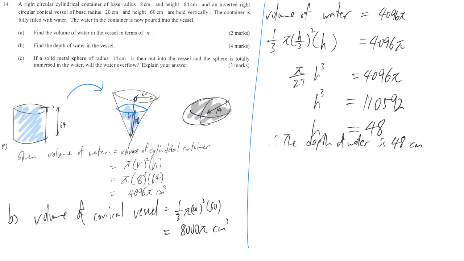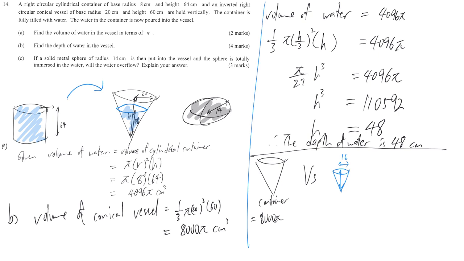If I draw that out, one side is the volume of the container, which is equal to 8,000 pi. We already found that out. And then compare the water. The water, the radius we already know is 16 just now, and the height is 48.